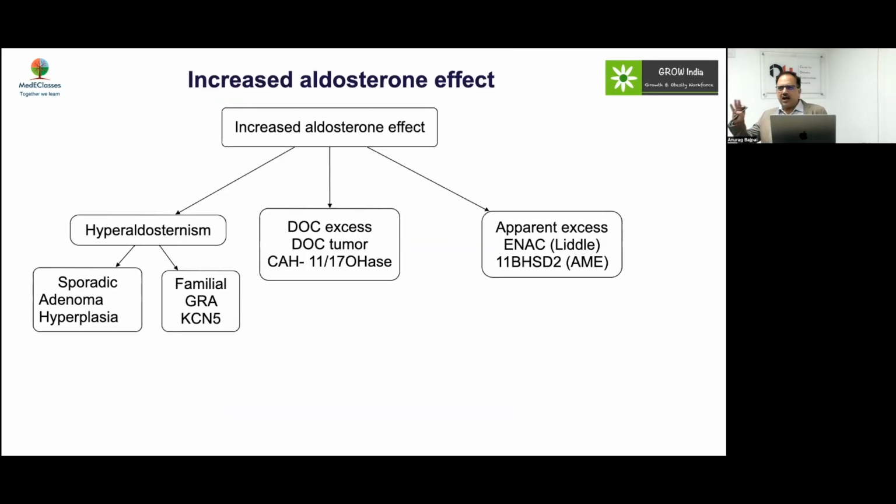So now in this background of the overall approach for these causes, the questions are: is it really an increased aldosterone effect? If it is an increased aldosterone effect, is it because of an aldosterone excess or an apparent excess? And finally, what is the cause? So as we have discussed, hypertension is particularly common in older individuals.